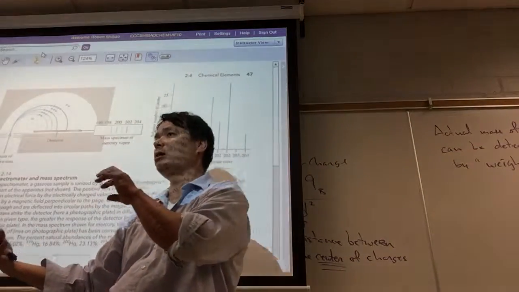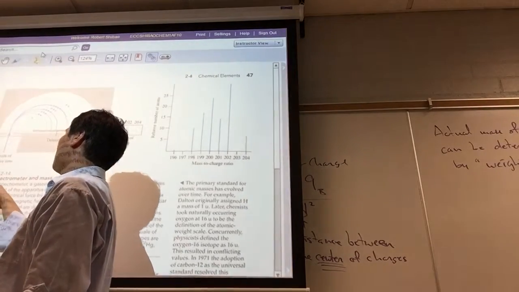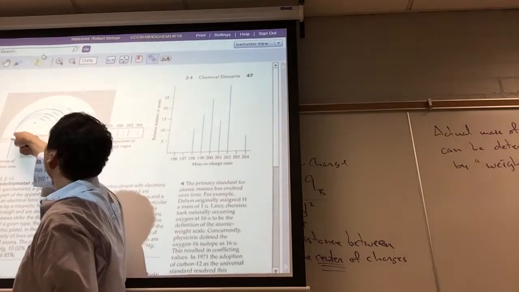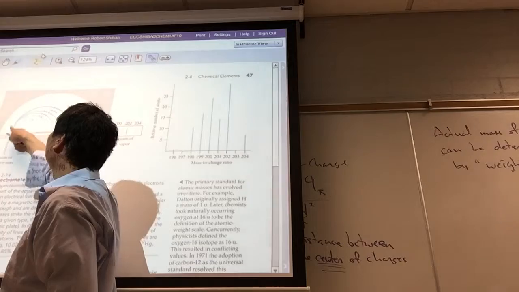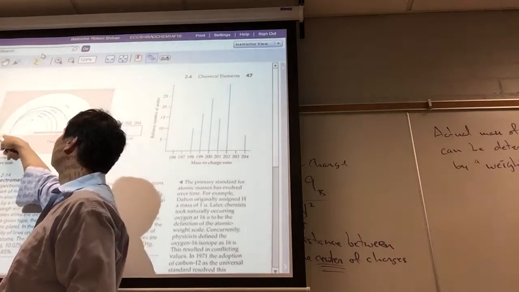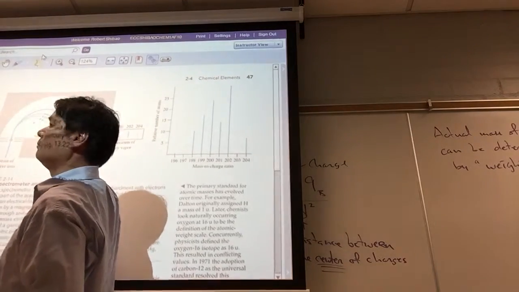You make it like a cathode ray tube, kind of thing, and shoot electrons. And so those charged fluorine atoms are going to be deflected by a magnetic field. And the angle of deflection depends on their mass.